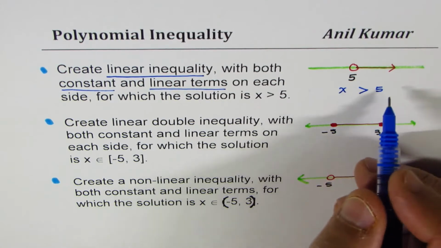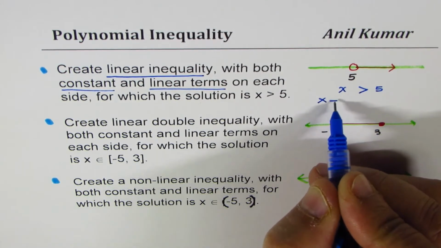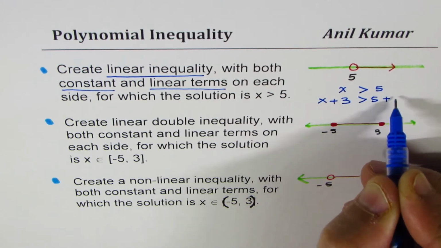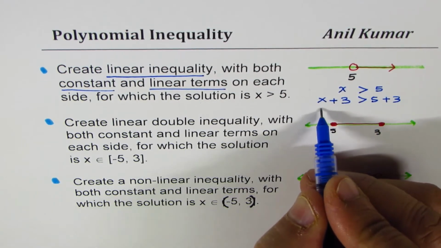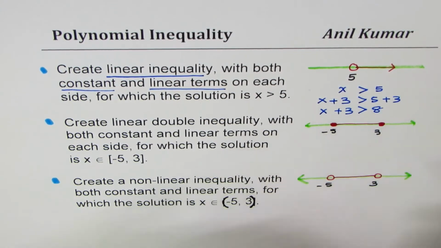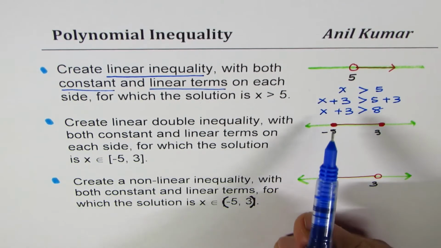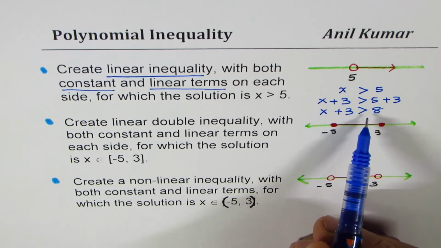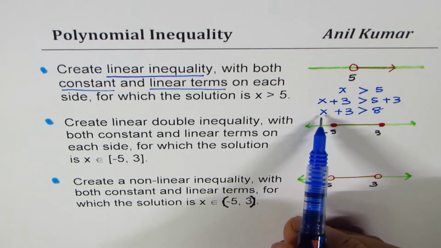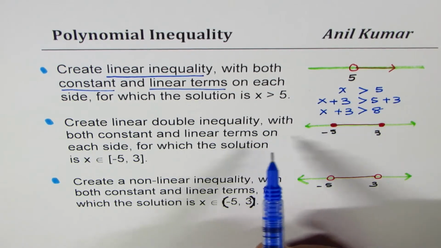If I add, let's say, 3 on both sides, I get x plus 3 is greater than 5 plus 3, and that is x plus 3 is greater than 8. So that becomes the solution. We have a linear inequality where the constant term is 3 and the linear term, the variable part, is x. I hope that helps, right?